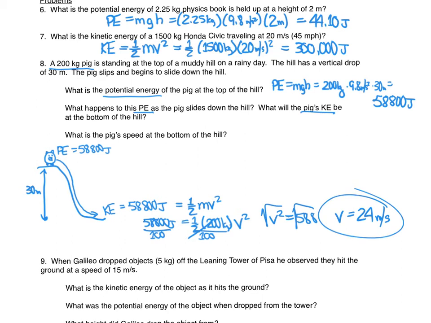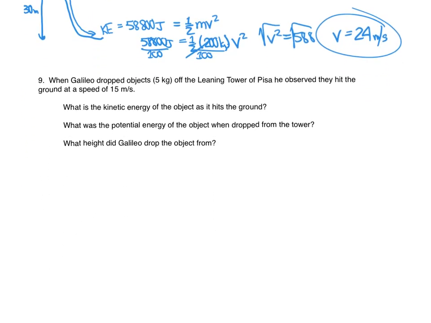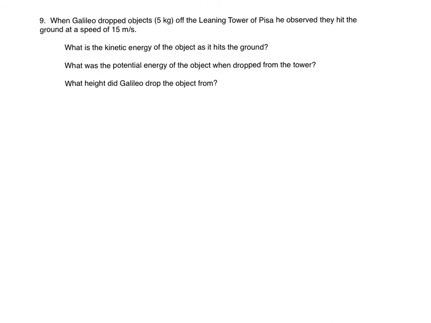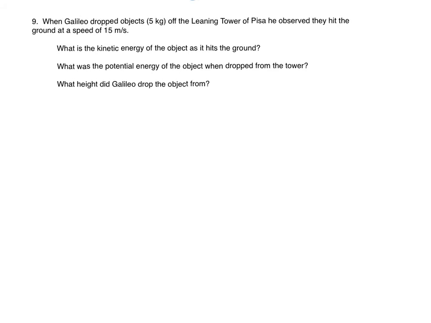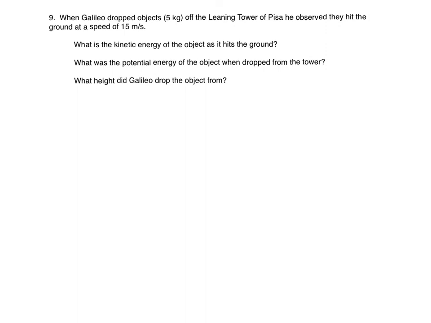All right, let's do our last one, number 9. Back to Galileo and free fall. When he dropped things off the Leaning Tower of Pisa, how tall was the tower? Things had potential and kinetic energy for sure. Let's sketch that in here. Here's the leaning tower, with a slight lean.